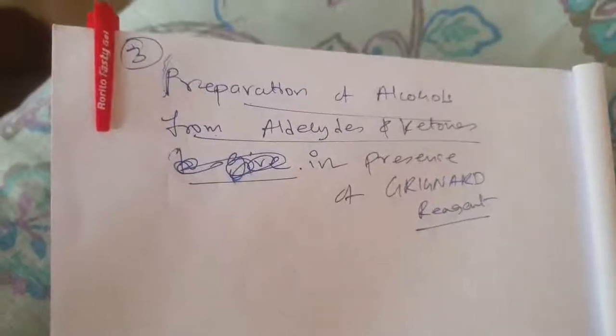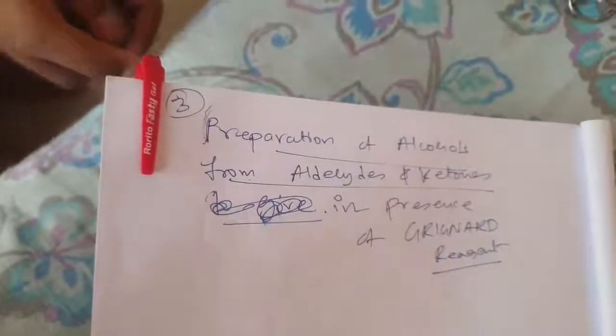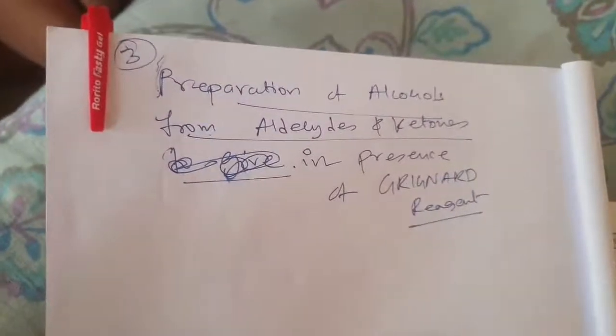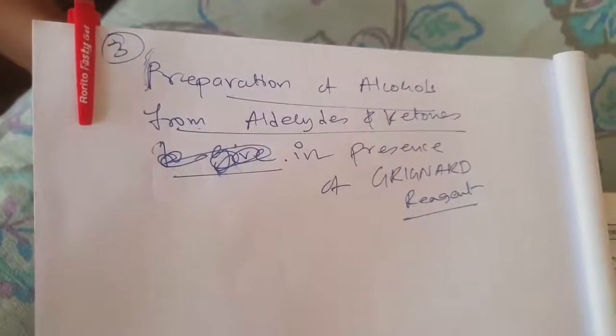What you have to do is treat your aldehyde or ketone with a Grignard reagent, and an intermediate will form, which will give rise to primary, secondary or tertiary alcohols on reduction.